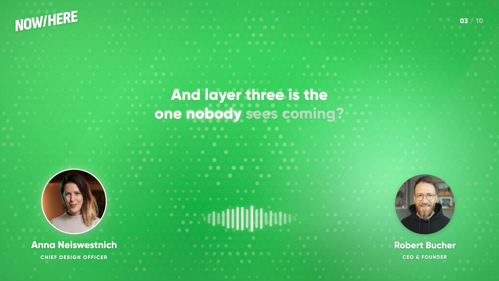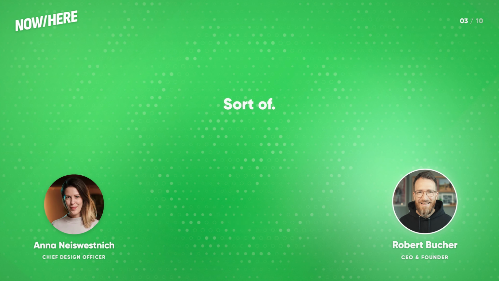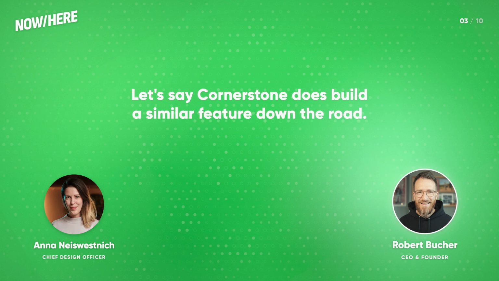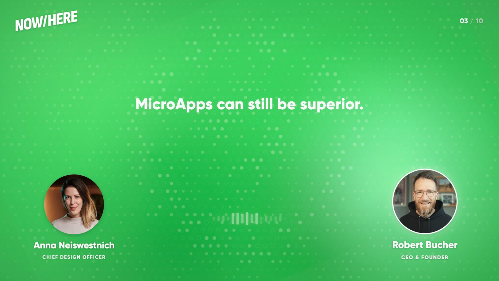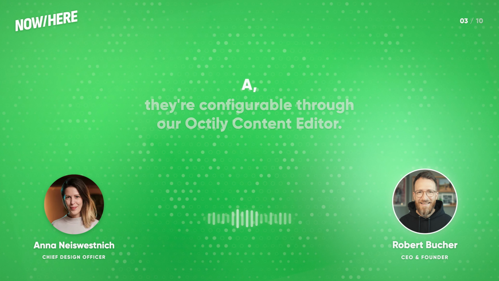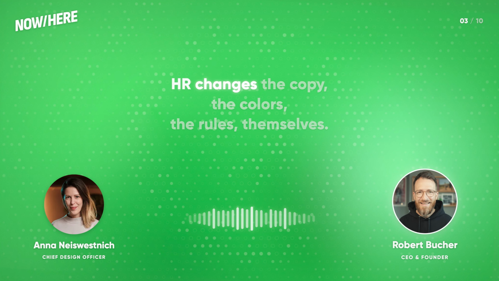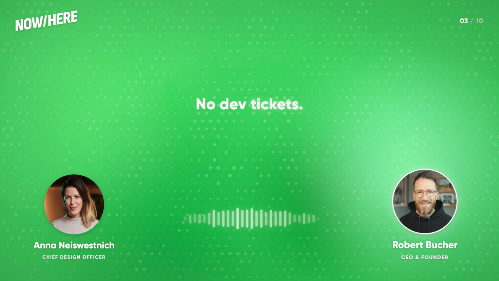And layer 3 is the one nobody sees coming. Sort of. Let's say Cornerstone does build a similar feature down the road. MicroApps can still be superior. For 2 reasons. A, they're configurable through our Octily content editor. HR changes the copy, the colors, the rules, themselves. No dev tickets.